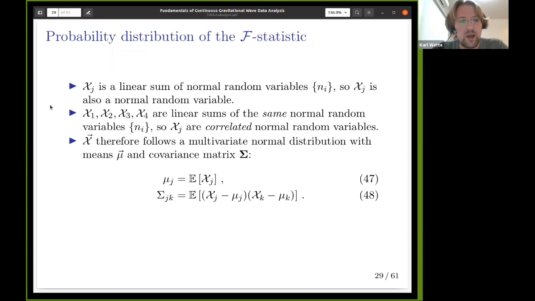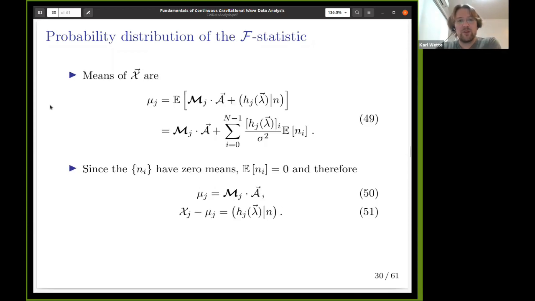So what we can say then is our vector x follows a multivariate normal distribution with some means mu and some covariance matrix sigma, and the definitions of those are given in the equations there. So we can work those out. Equation 49 gives us the means.